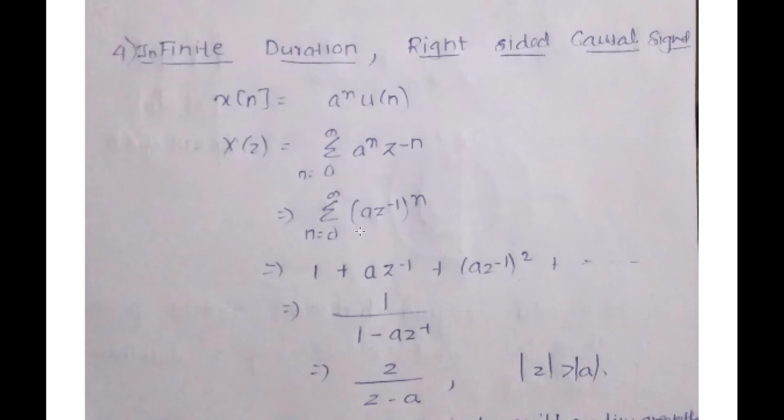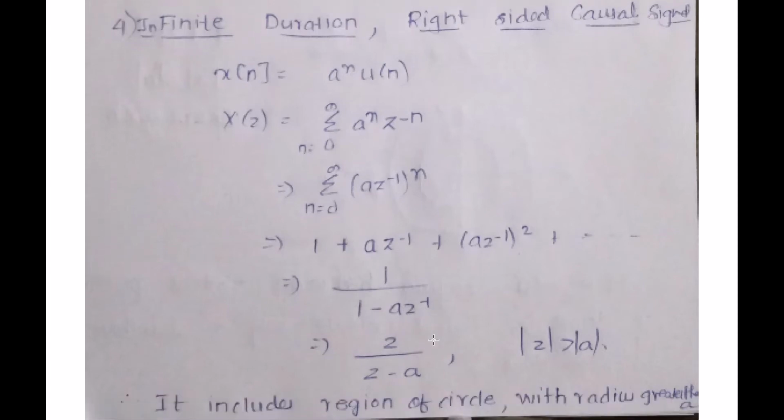Now if I put in the series, it is 1 plus, because this expansion will be given as this. Reducing it, the entire expansion will be 1 upon 1 minus a z raised to minus 1. Therefore z upon z minus a.